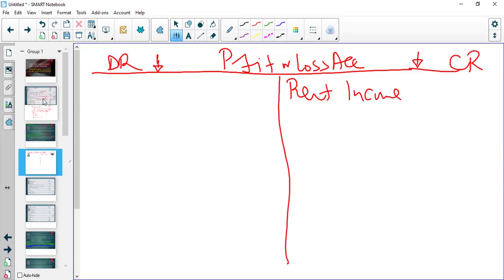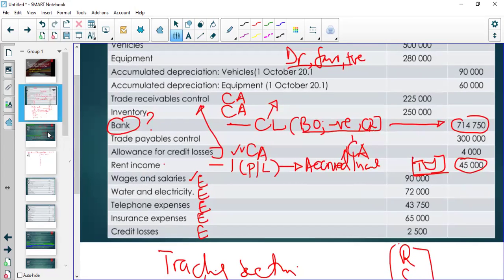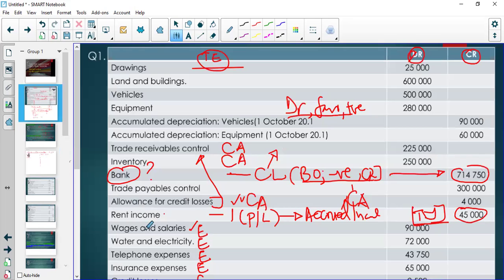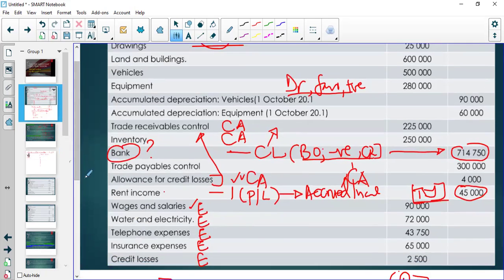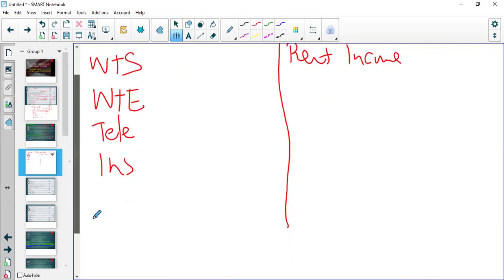And if you look at the information that we have, then we're going to have wages and salaries, water and electricity. Right. What else do we have? Telephone, insurance, credit losses. So that's for sure. That's what we're gonna be having, right?